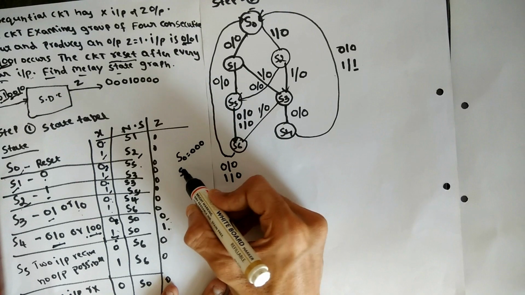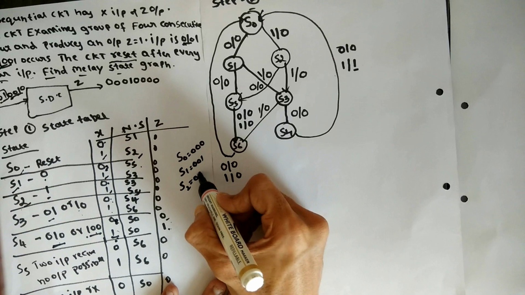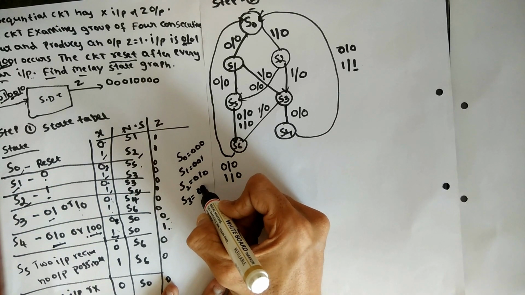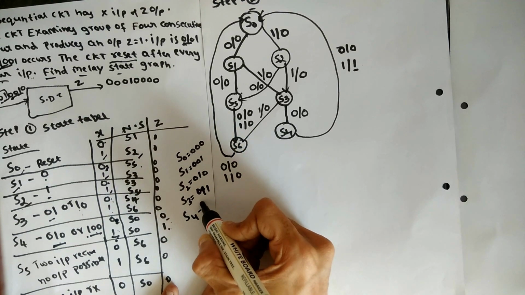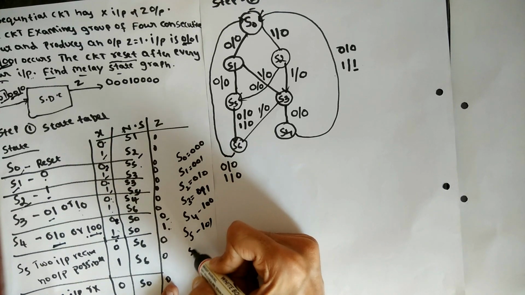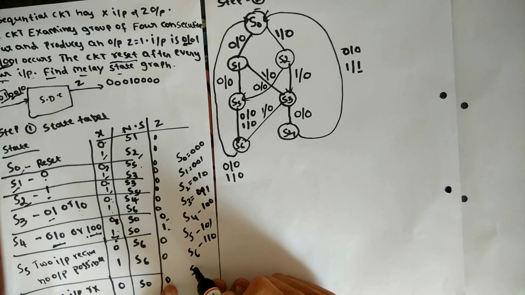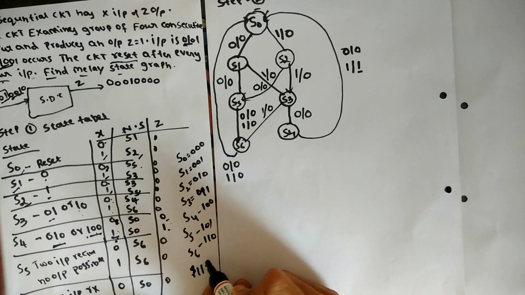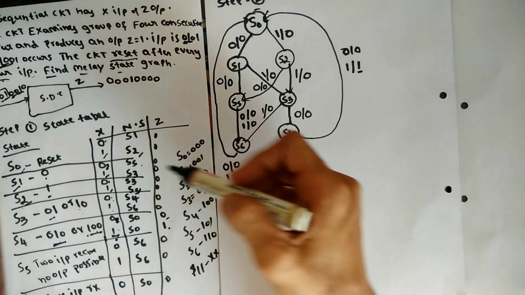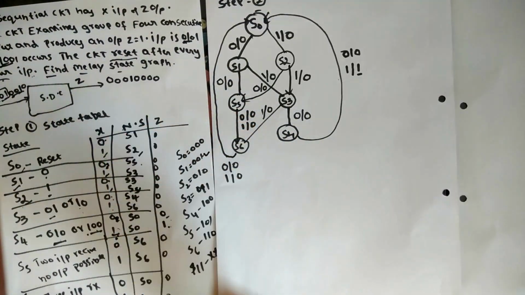S0 make 000, S1 make 001, S2 make 010, S3 make 011, and S4 make 100, and S5 make 101, and S6 make 110. Similarly, S7 is not there, so make the 111 condition don't care. So you have to fill this table. Wherever S0 is there, fill triple zeros. Wherever S1 is there, 001. Similar way you can fill it.